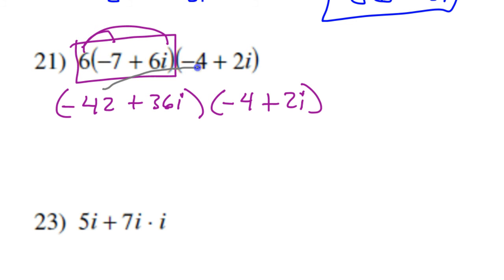So if I take this negative 42, negative 42 times negative 4, that's going to give me positive 168. Now, negative 42 times 2i is going to be negative 84i.